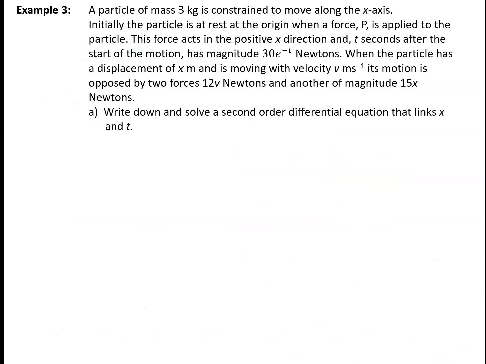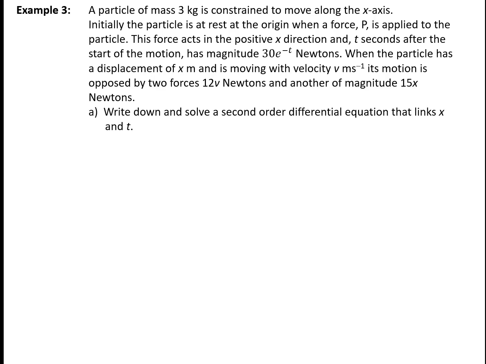For our final example, we have a particle of mass 3 kilograms is constrained to move along the x-axis. Initially the particle is at rest at the origin. When a force P is applied to the particle, this force acts in the positive x direction, and t seconds after the start of the motion, this force has magnitude 30 e to the minus t newtons.